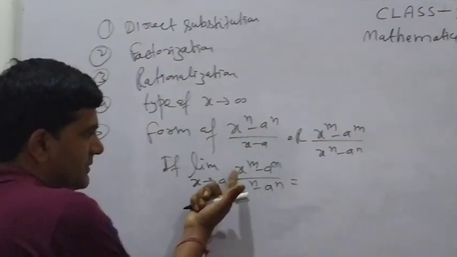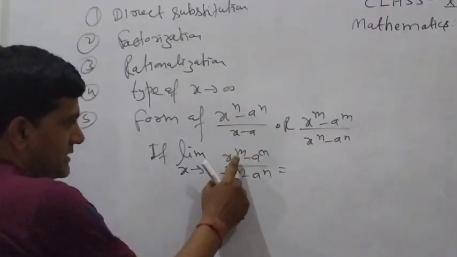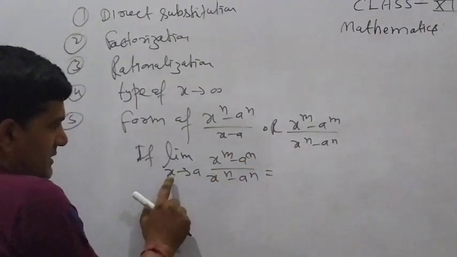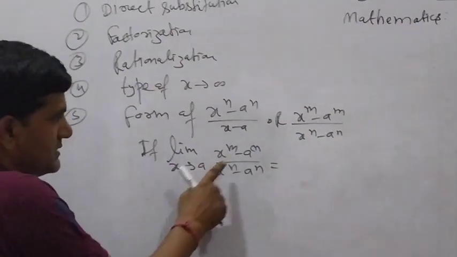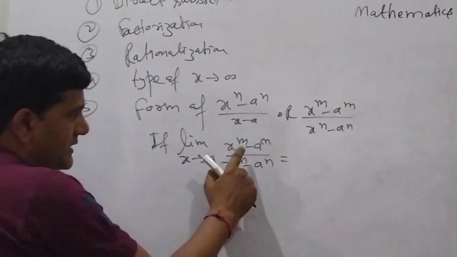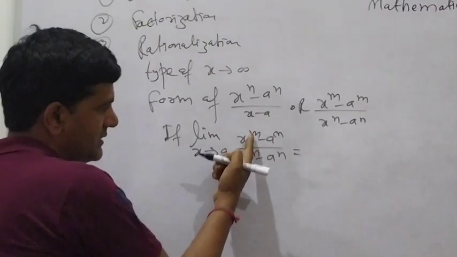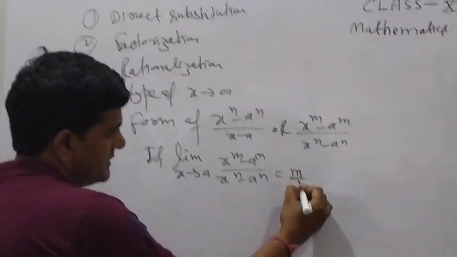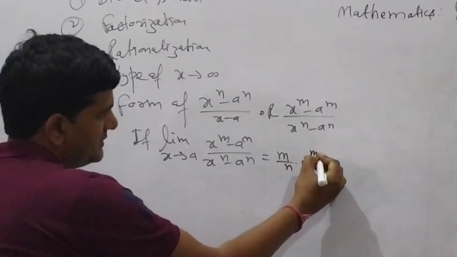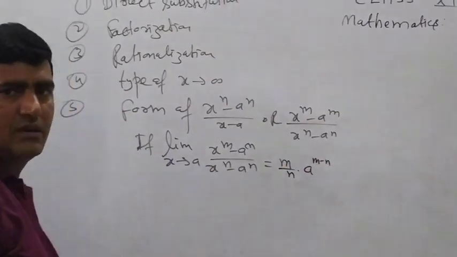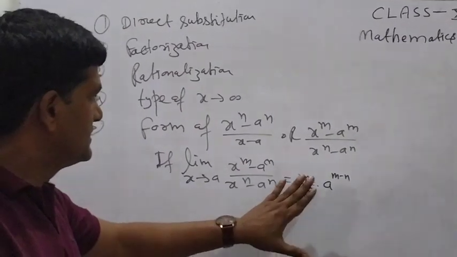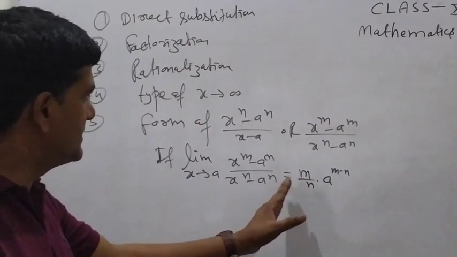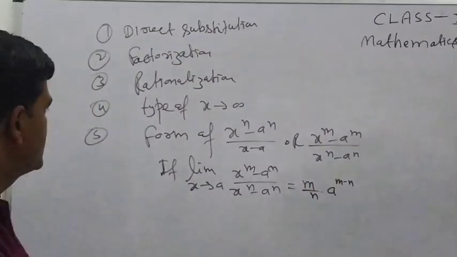What is the value of this limit? x power m minus a power m, where x is the variable and a is a constant number. Then divided by, the answer is m by n into a power m minus n. Now this is a formula. With the help of this formula, if any limits question is based on this formula, by using it we can solve the limits.